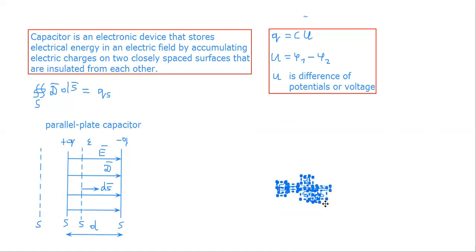I need this formula, and it is necessary to calculate the difference of potentials, or voltage. How to do this?